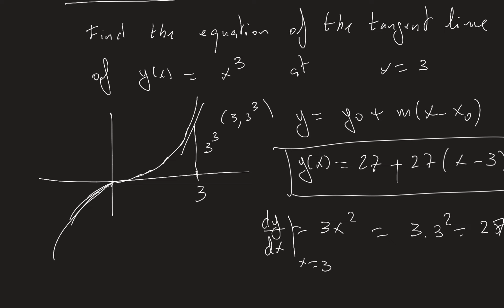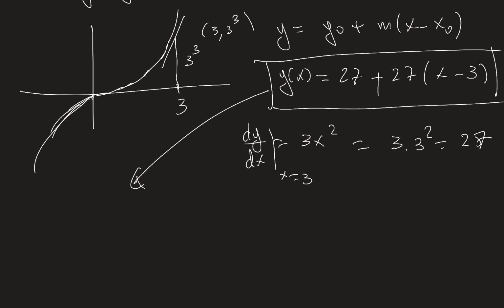In the exam, you will have another function. You will have another point instead of x equals 3, maybe x equals 2. And you do exactly the same thing. If you want to clean this equation, you may do y of x equals 27x plus 27 minus 27 times 3.